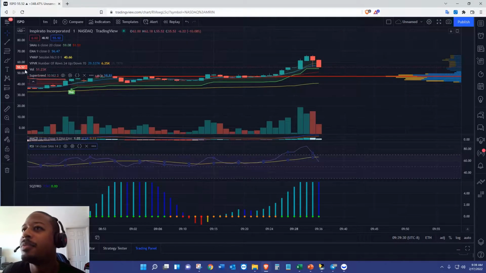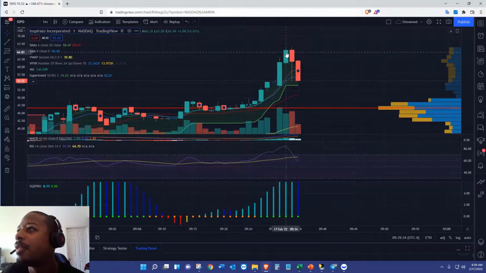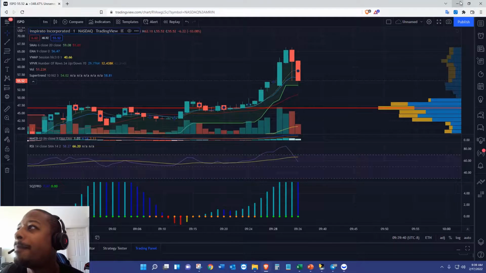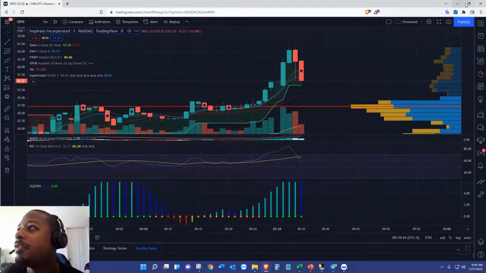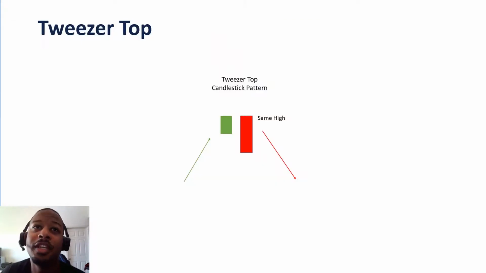And again, you can set your tolerance however you want, but you see here how they have the same type of top. That's a tweezer top. Pretty easy to spot. You should know to begin to short this thing. Easy profit. And we'll come back to it and see if I'm correct or not, because it could continue, but I doubt it will. This thing is moving today, but let's go to the next one.